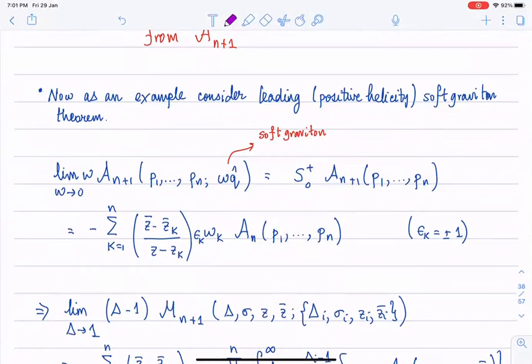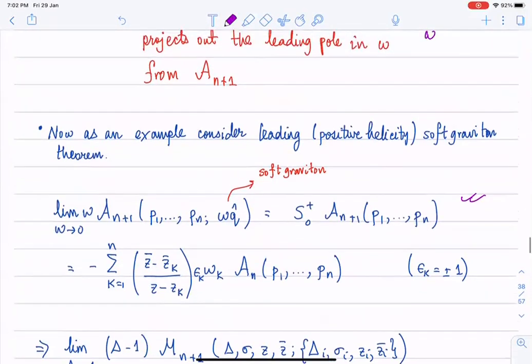So the leading soft graviton theorem takes some form like this, where for specificity, I am considering the soft graviton to have positive helicity. So in this case is S plus, and the notation here is the following. I will be using this notation all throughout, so let's clarify that once and for all.